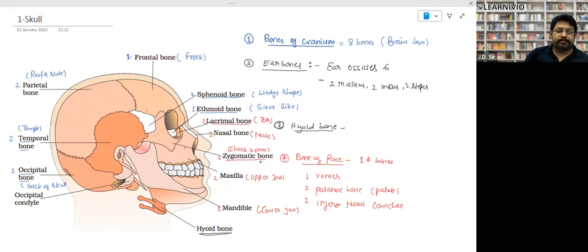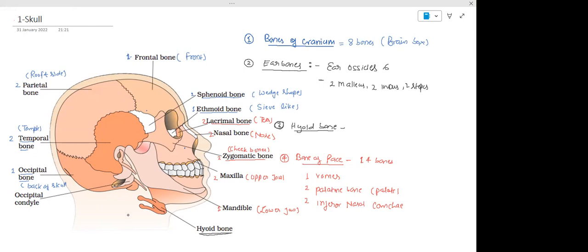So look, how you have to remember. You need not remember the name of every bone, but how you have to remember most of the things. The complete skull is made up of four parts. First is the cranium bones. Cranium is known as the brain box.